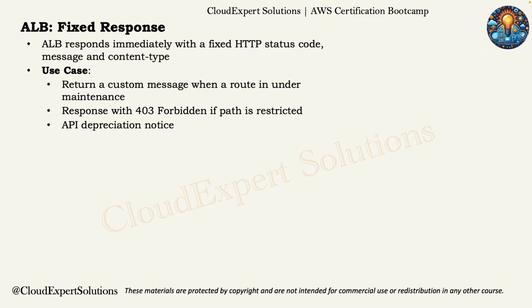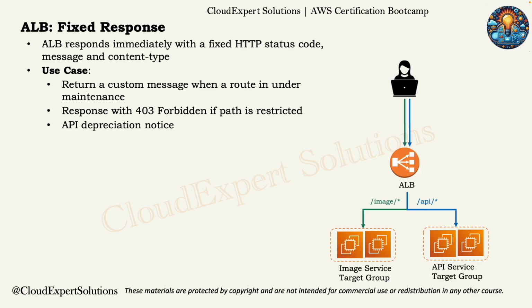In our previous slide, while explaining path-based routing, we reviewed ALB can route traffic based on URL path. Now here we have path for /image and /API.